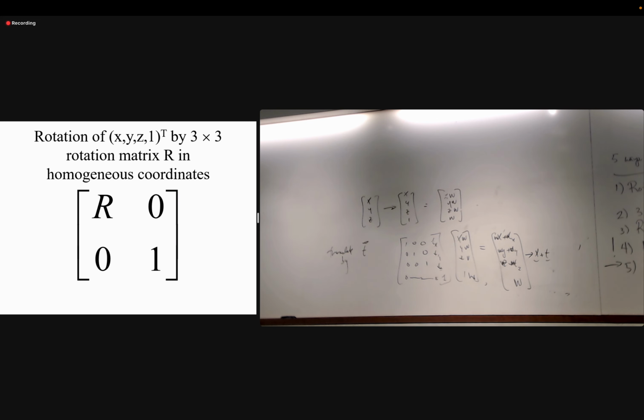Rotation's easy. You leave the 1 alone and you rotate the XYZ component. You just stick the rotation matrix in there, in the 3 by 3. And you have 0 everywhere in the bottom row and in the right column except for 1 in the lower right-hand corner, which leaves the 1 alone.